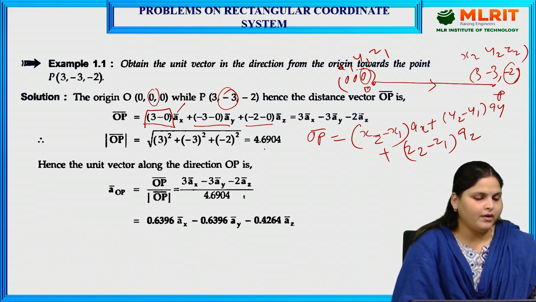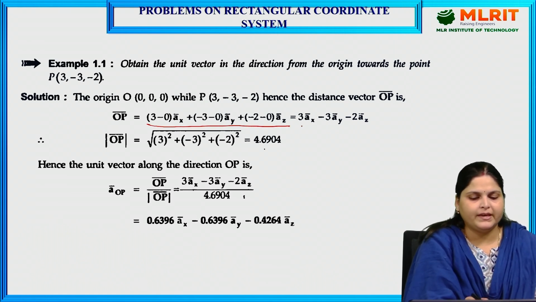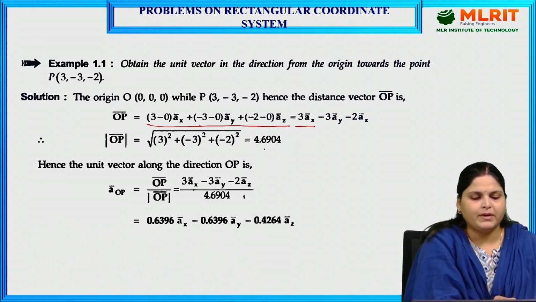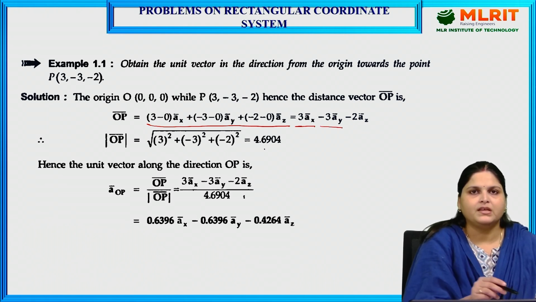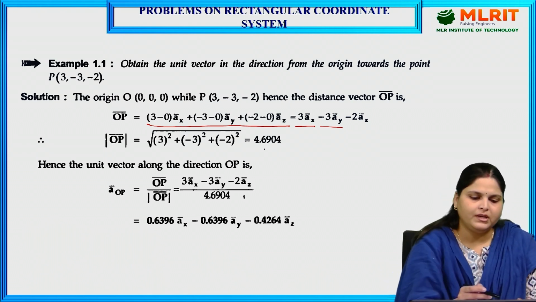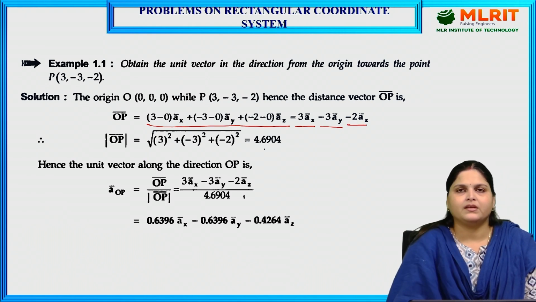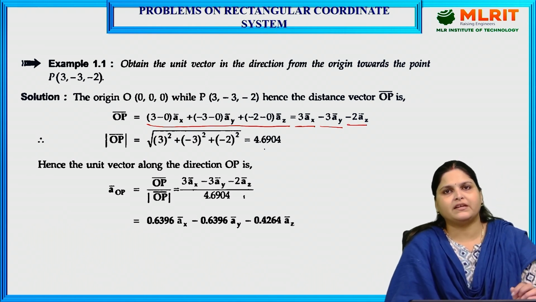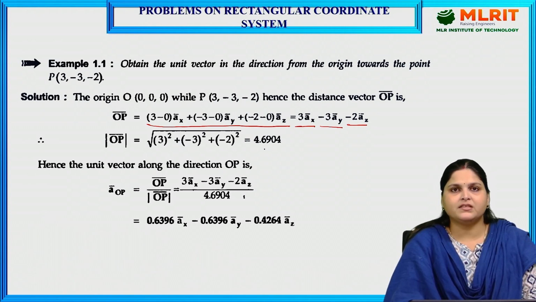So upon solving, what do we get? We get 3ax, then minus 3 minus 0 means minus 3ay. Similarly, minus 2 minus 0 means minus 2az. So we are getting the vector OP as 3ax minus 3ay minus 2az.